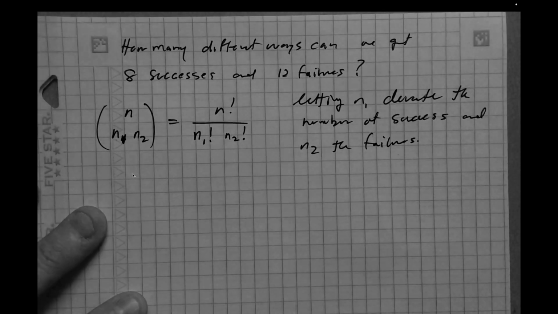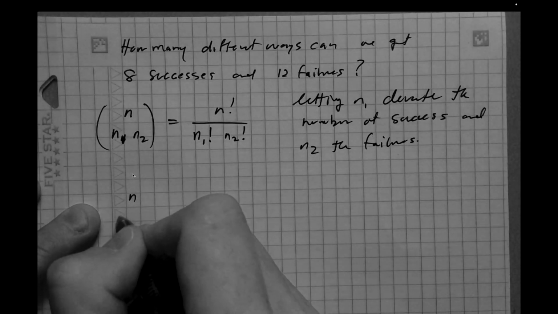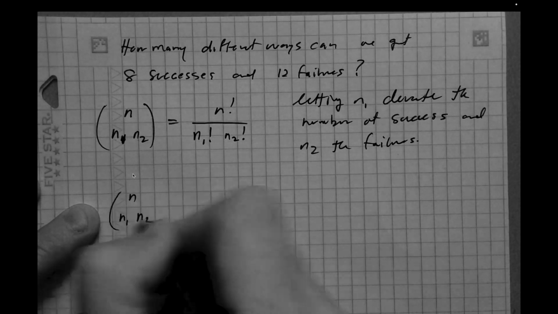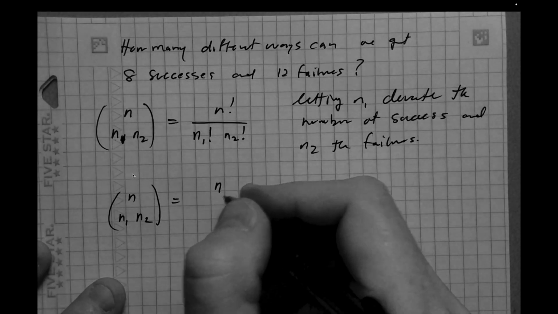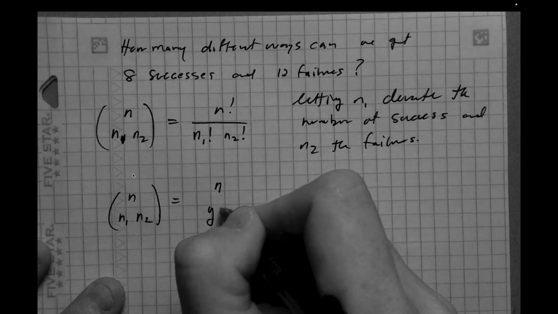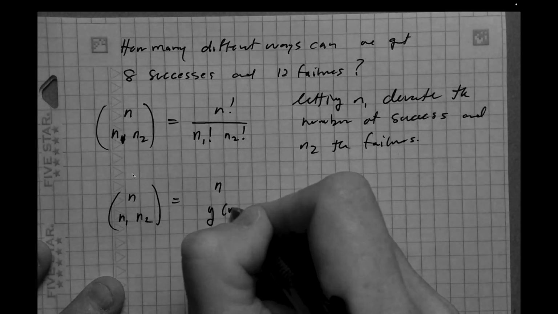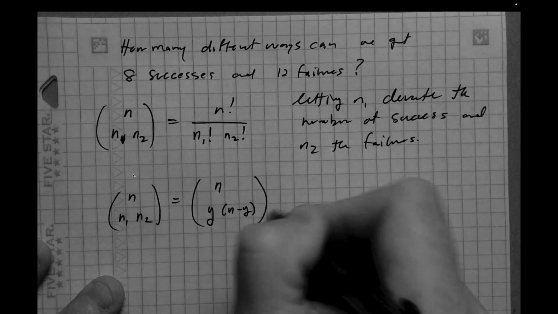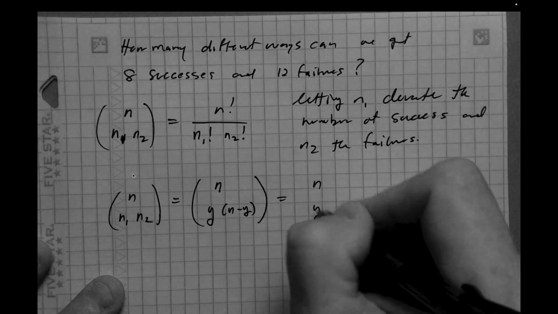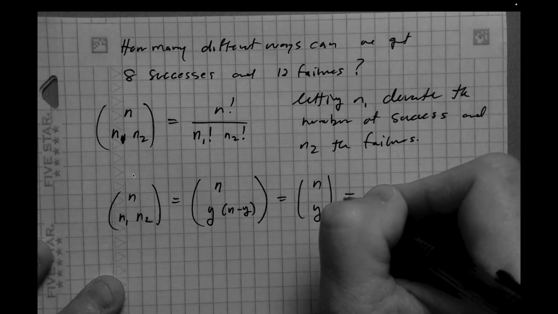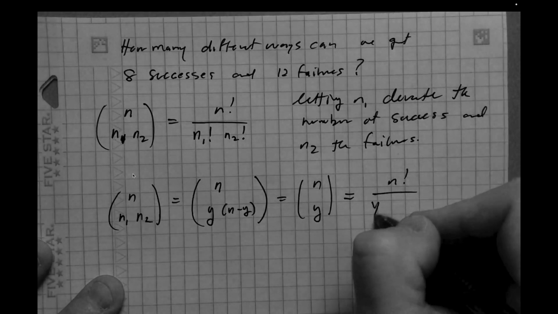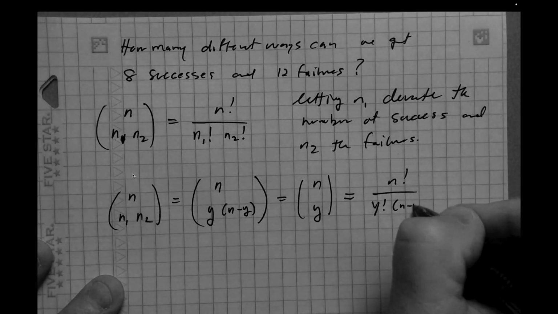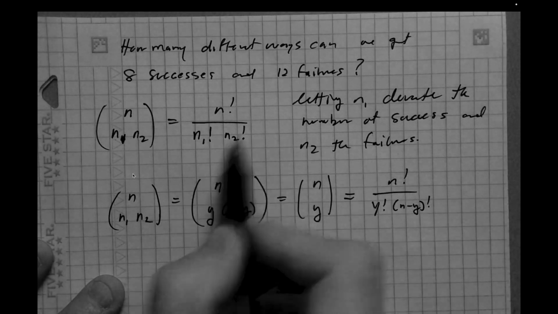Right? We can easily see that N choose N1, N2 is really just N choose Y, N minus Y, which is really just N choose Y, isn't it? Because N choose Y, if you remember, is N factorial over Y factorial times N minus Y factorial, right? And that's really the same format as this.